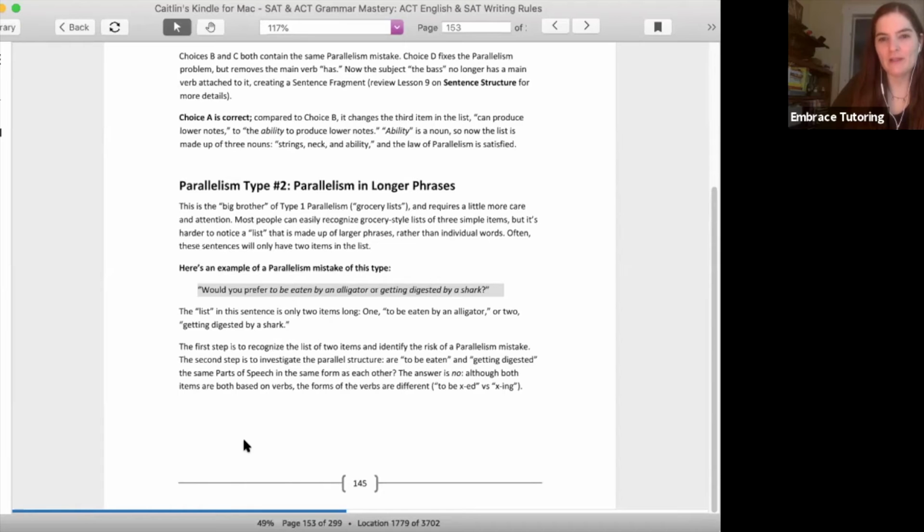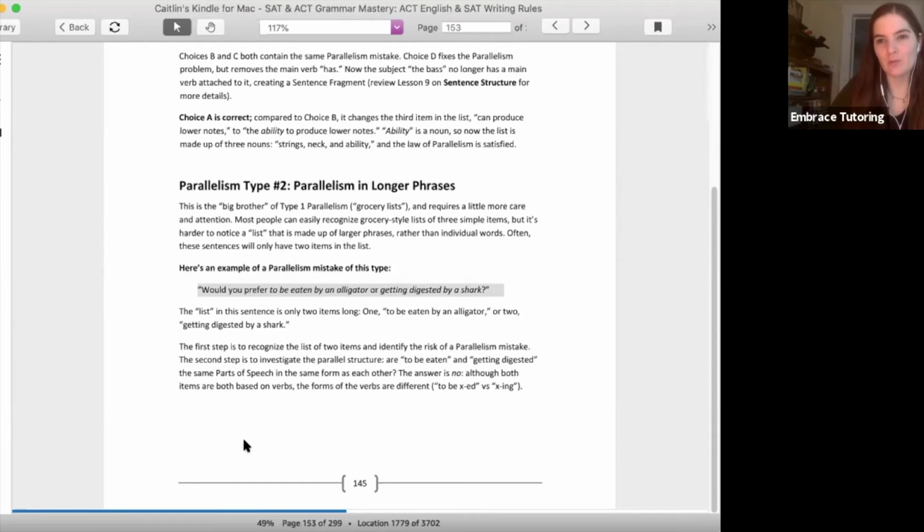Reading that out loud, you should immediately pick up that something's not right, because it doesn't sound right in the second half. The list in the sentence is only two items long, so you don't necessarily have to have commas in the series for this one.